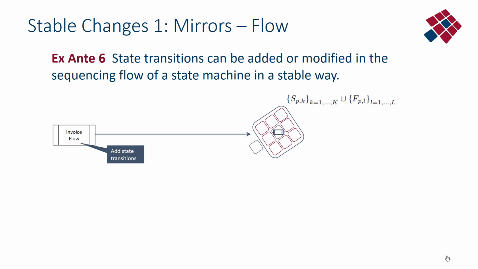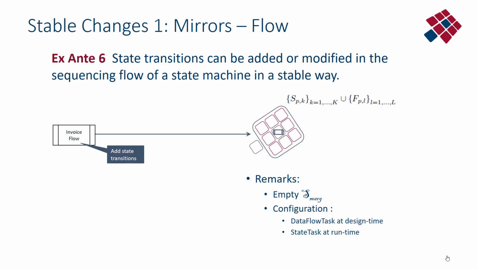And if you would, in the requirements domain on the left, ask for additional or other state transitions, the only thing you would have to do is to configure either the state tasks at the runtime of the normalized software system or the data flow task at design time of the design of the normalized software system. You wouldn't even have to implement any new classes or versions of classes, so the marginal set of classes would be empty.